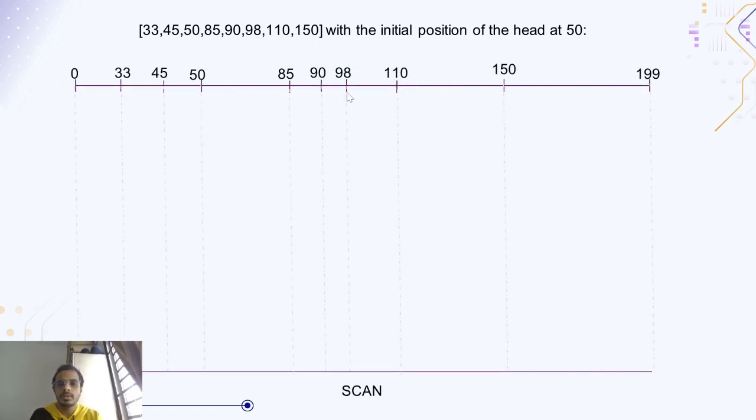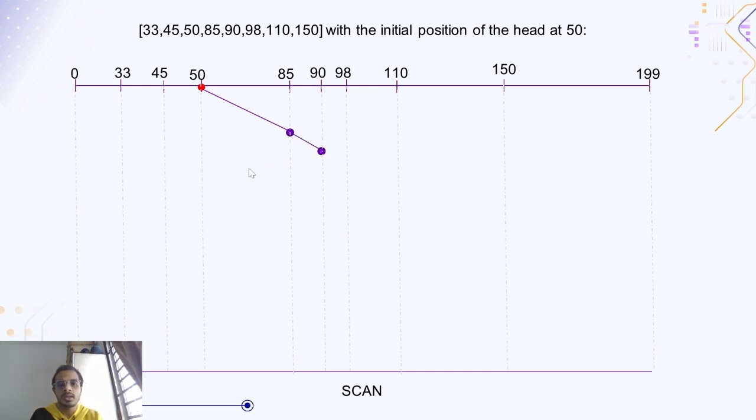This represents the disk. These are the requests, and these requests are in sectors inside the disk, inside the platter. The initial position will be at 50. This line represents the movement of the head.